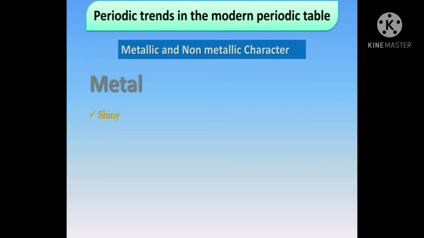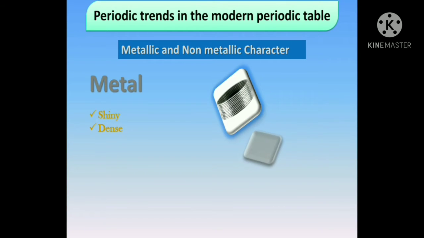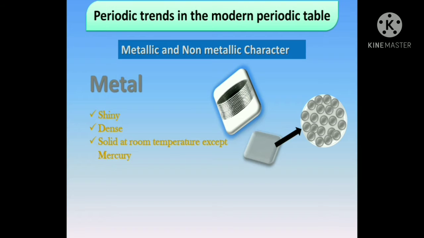Metal, it's shiny, it's dense, it's solid at room temperature except mercury. Metal conducts electricity.